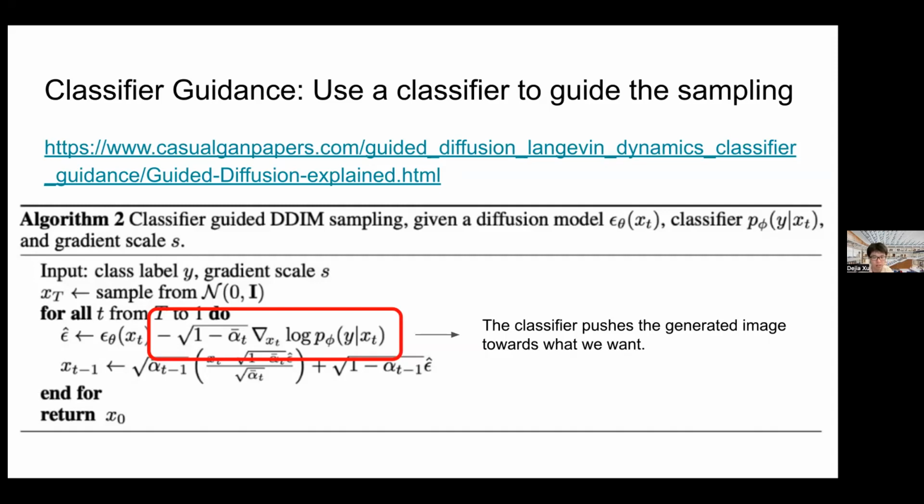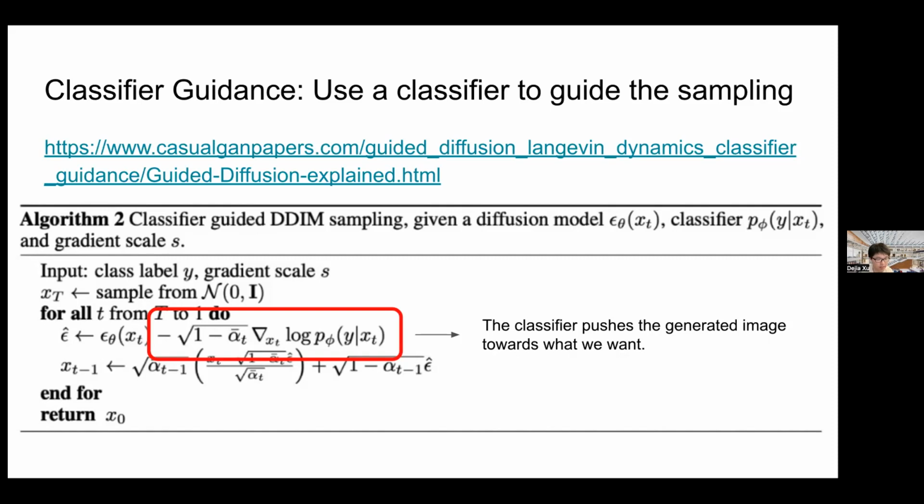The idea is that we design a classifier to drag the image towards our goal. The classifier is basically able to classify whether the generated image is good enough. Is it related to our text, or does it have no connection with it? So the classifier here is able to push the generated images towards what we want. The way it does the job is that the classifier estimates the gradient.